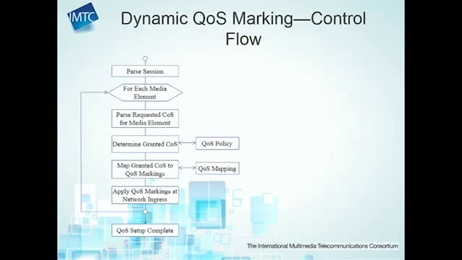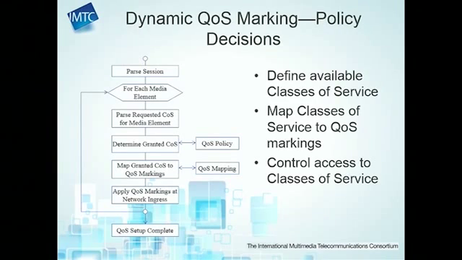In the interest of time, I won't go into detail about the control flow, but the idea is that the QoE service would process these elements. Clearly there are a number of policy items that need to be addressed. We envision that QoS treatment is expressed not in terms of low-level QoS markings, but instead in terms of higher-level class of service concepts.